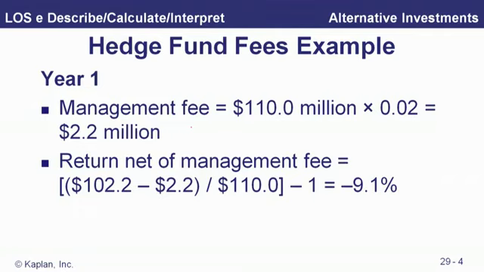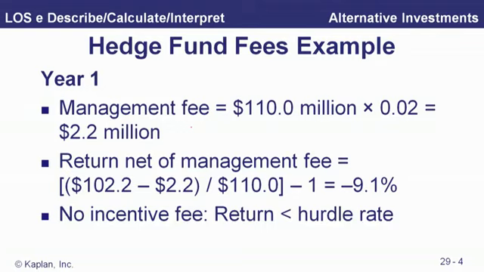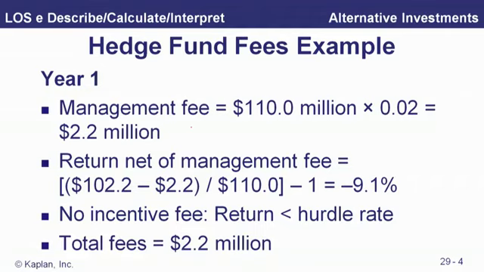Well, we take out the management fee, and we see that we got from 110 million down to 100 million, I guess, net of fees, and that's a 9.1% decline in value. No incentive fee. The return was certainly lower than the hurdle rate. Total fees, 2.2 million. We knew that.